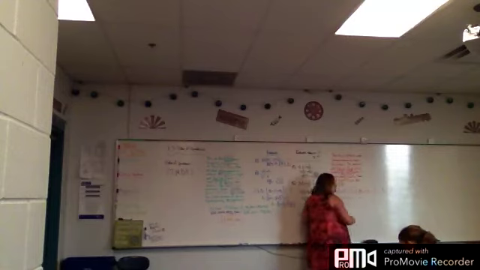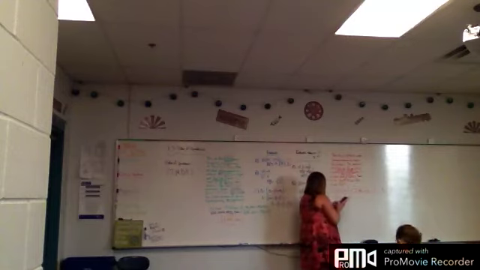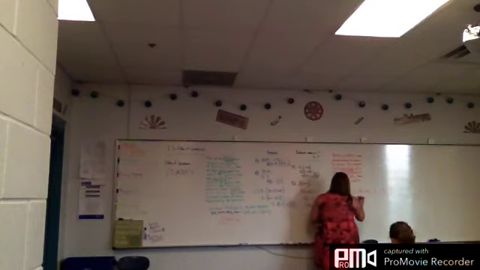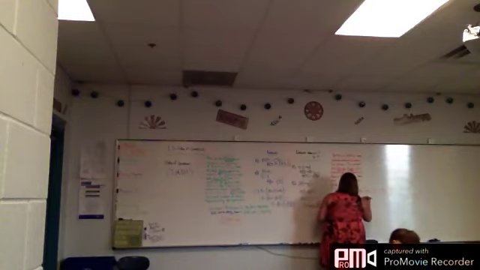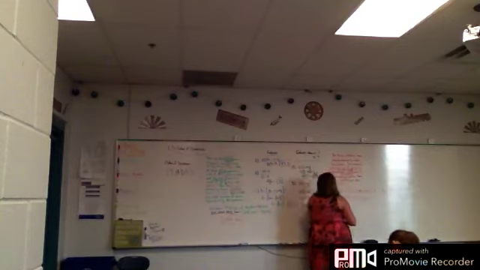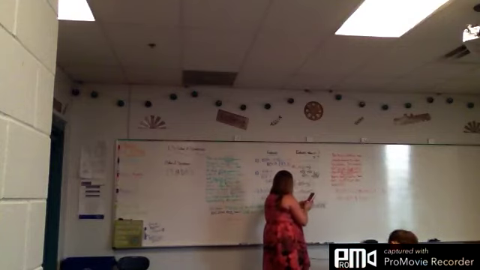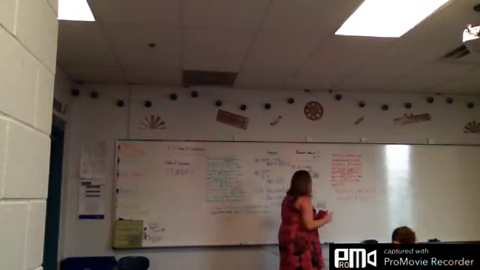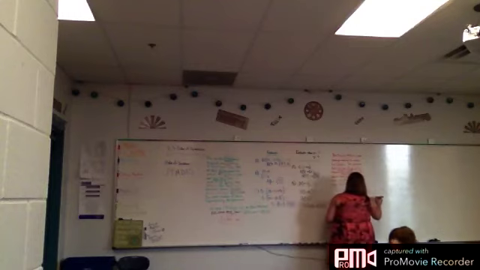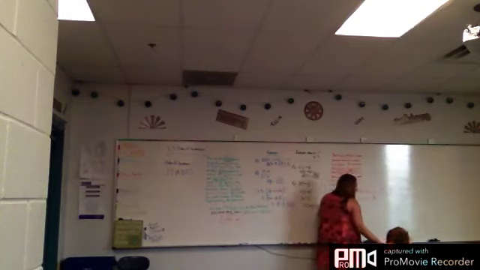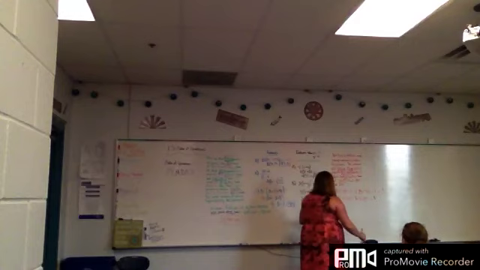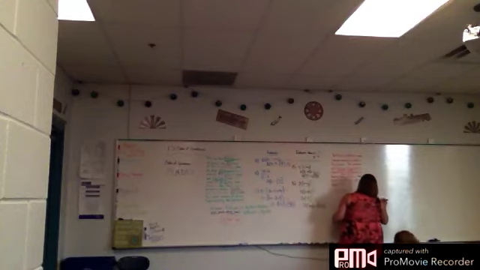What is 2 times 3.95? $7.90. And what is 0.75 times 2? $1.50, yeah.